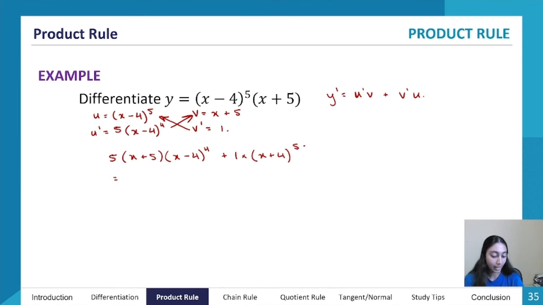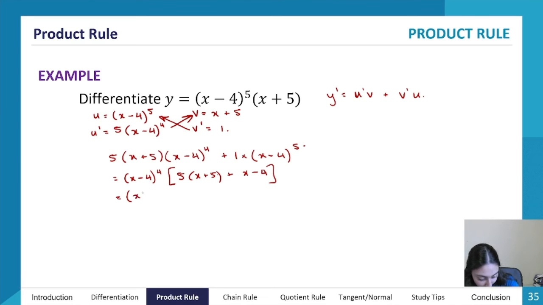Okay, now I'm going to take out a common factor of x minus 4 to the power of 4, which leaves me with 5, x plus 5 plus x minus 4.